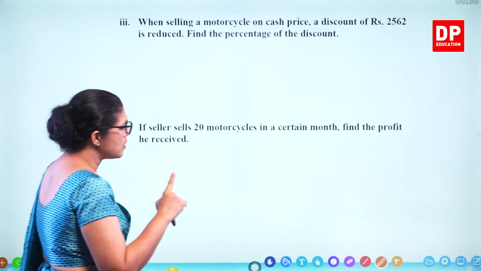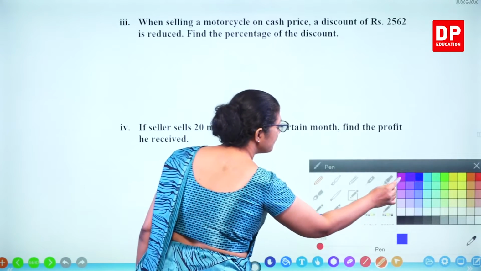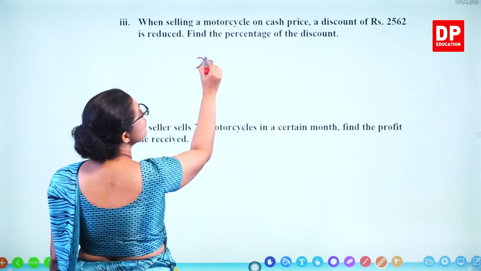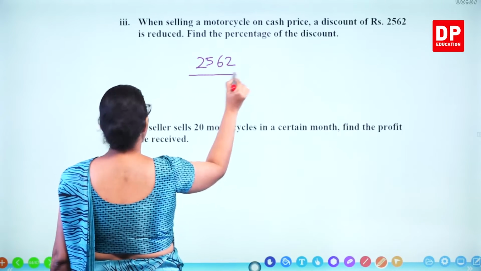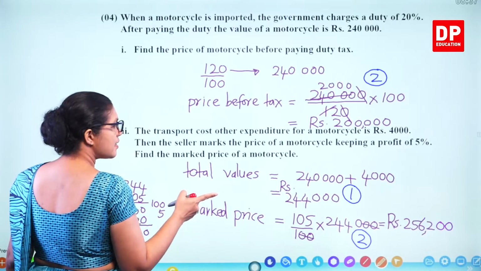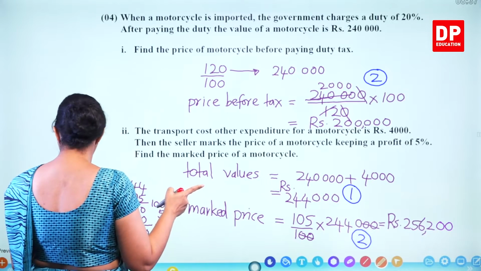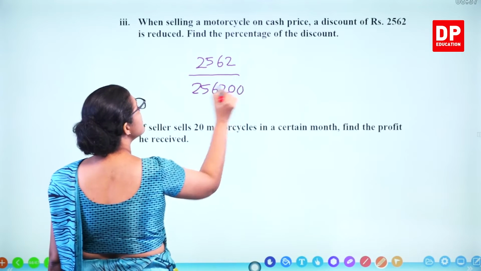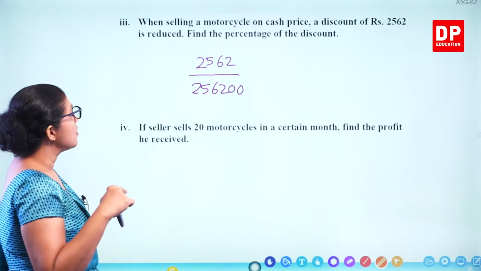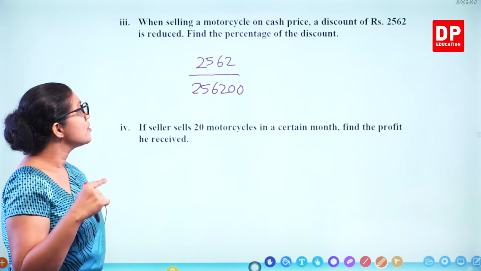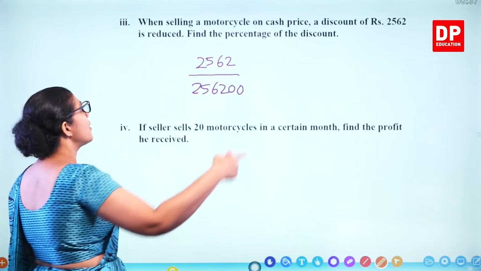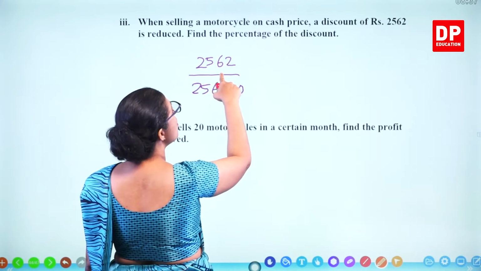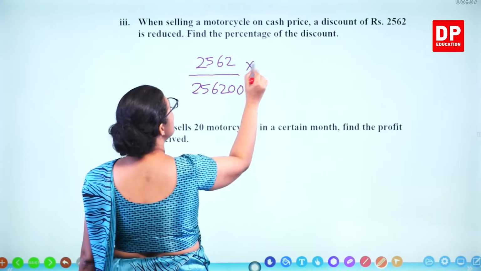So the discount is 2,562 for the marked price of 256,200.